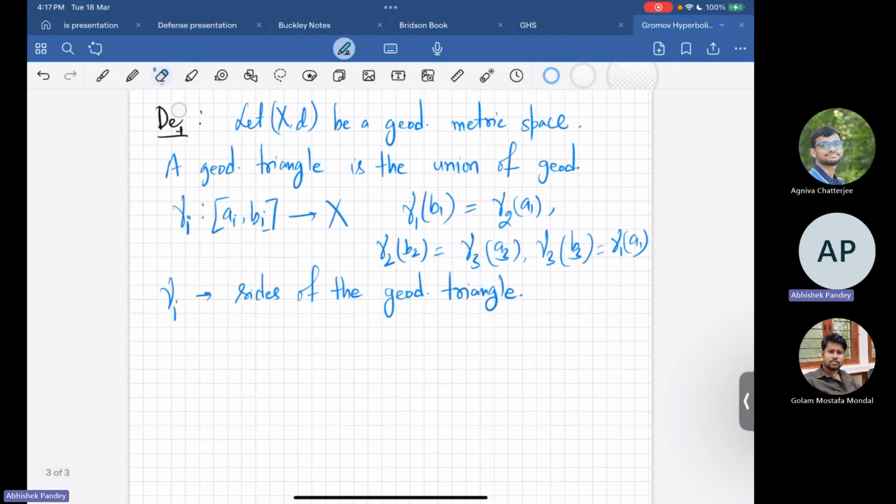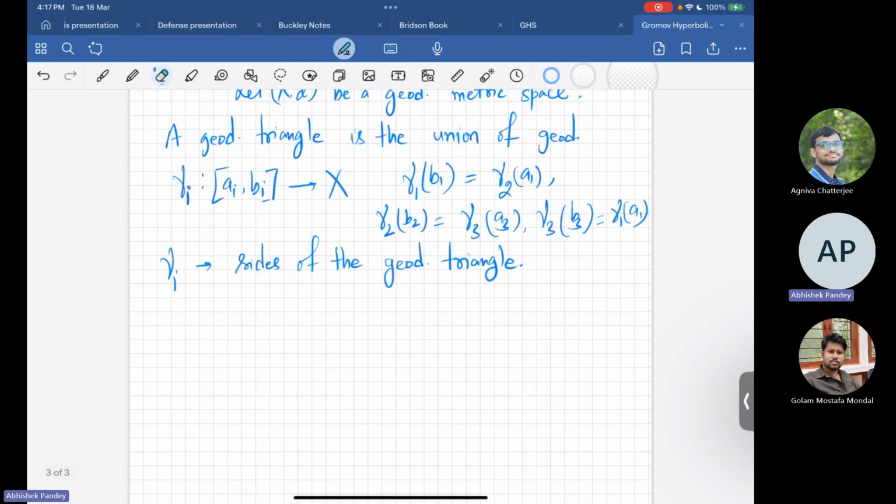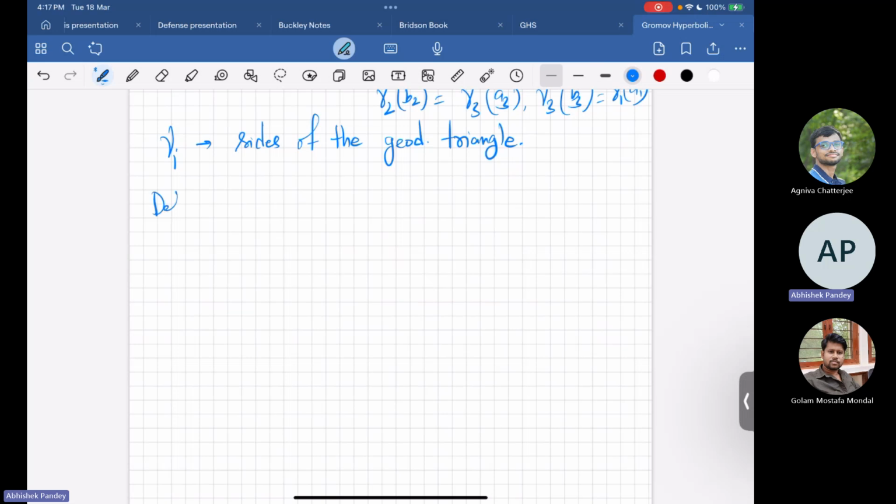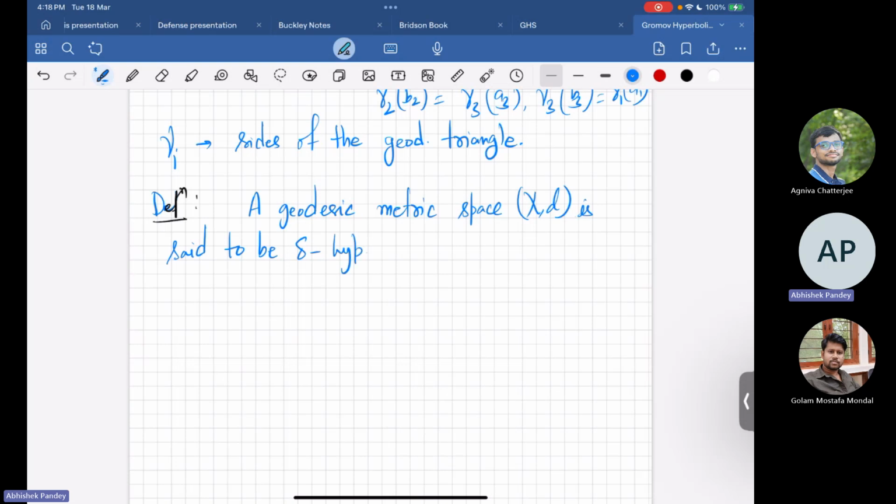Okay, so a geodesic metric space (X, d) is said to be delta-hyperbolic if every geodesic triangle in X is delta-slim.